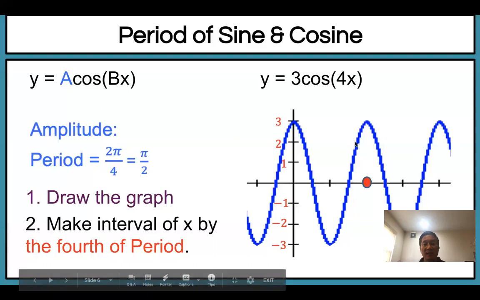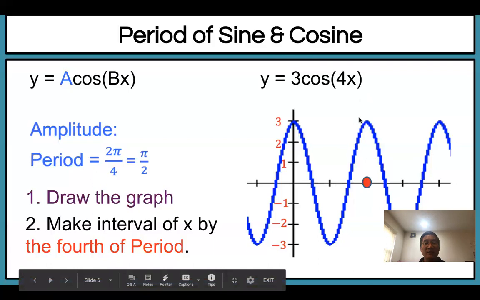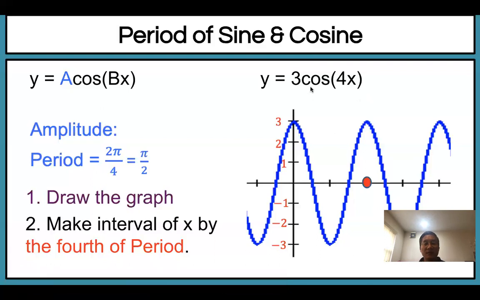How many cycles? 4 cycles. So the cosine function you can draw in the 360 degrees 4 times. Okay. So the period is 2 pi or 360 degrees divided by this number 4.